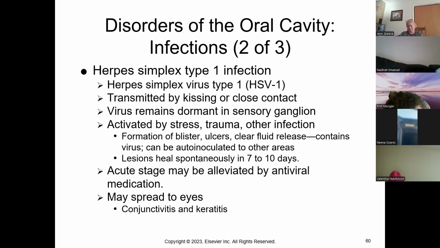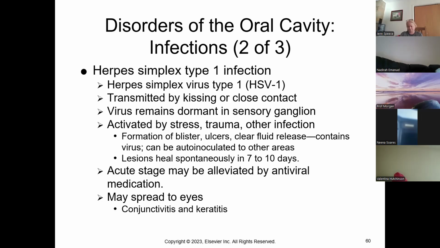Now, these lesions will heal, but guess what? That saliva still has the herpes in it. The lesion will heal in about 7 to 10 days. And the virus migrates along that trigeminal nerve back to the sensory ganglion, where it enters the latent stage.